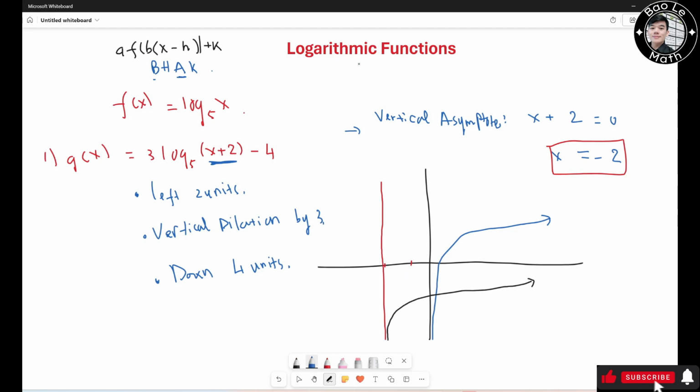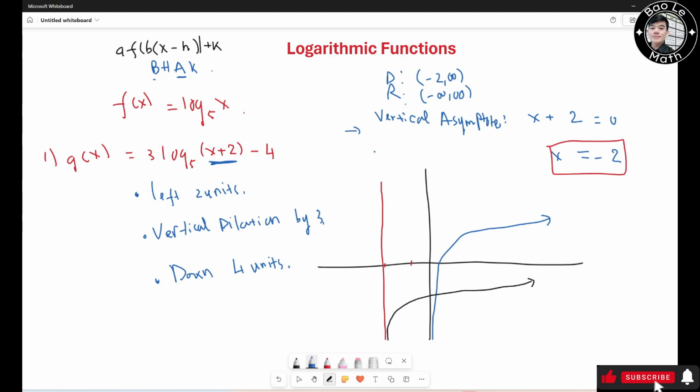Alright, so you need to find the new domain. The domain is going to be from negative 2 to infinity, right? And the range is going to be all real numbers, so negative infinity to positive infinity. Alright, the function is concave down.